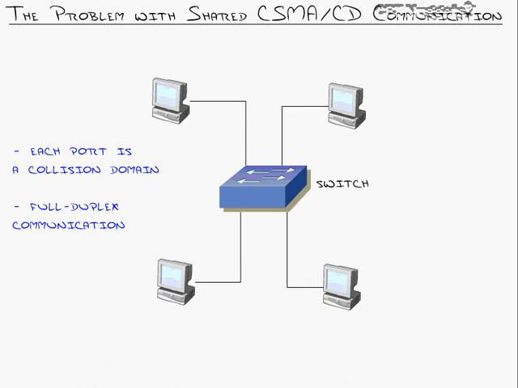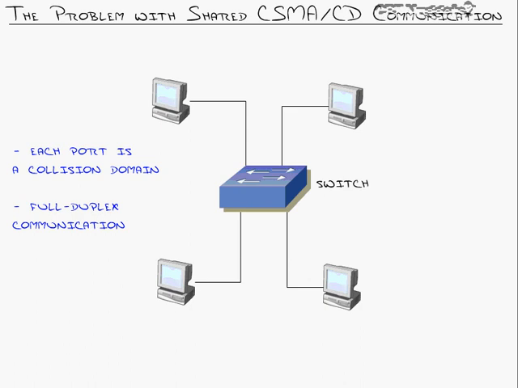Well, there's a world of difference, because a switch has every single port as its own collision domain, meaning every single device that's plugged into the switch can send at exactly the same time, and you won't have any problem at all. Essentially, when you get rid of all the hubs in your network and replace them with switches, you will have no more collisions, unless there's some kind of major network problem. You will have no collisions at all, and it completely clears up network communication.